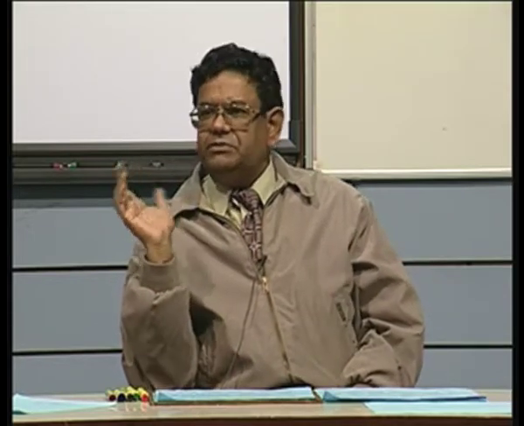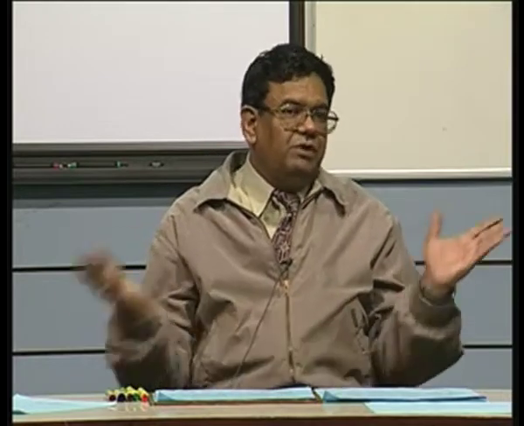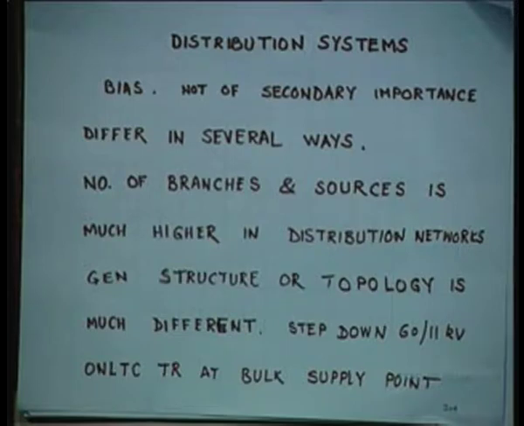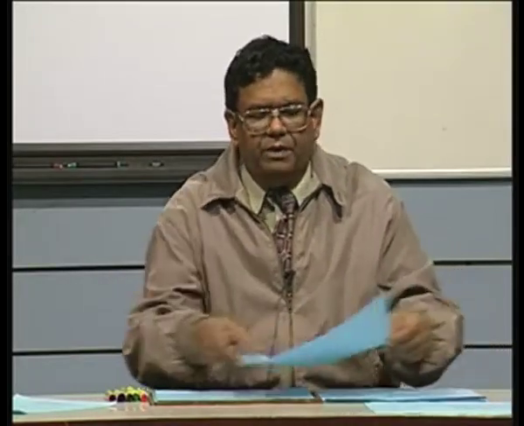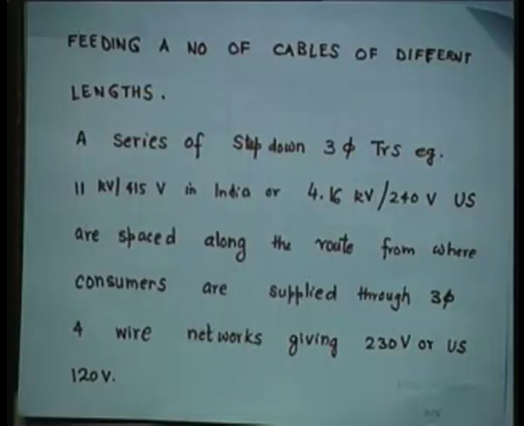Of course, it differs from transmission systems in several ways. The number of branches and sources is much higher in distribution networks. The general structure or topology is much different. Step down 60 to 11 kV on a load transformer at the bulk supply point, feeding a number of cables of different lengths, a series of step down 3-phase transformers are required.